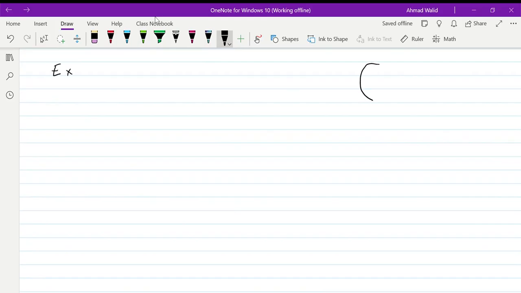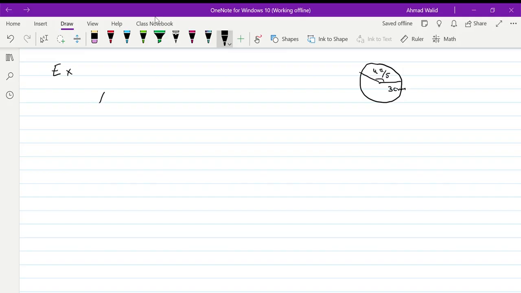You have a circle that the radius is 3 centimeter, correct? And your theta is 4 pi over 5, correct? Something like this, 4 pi over 5. That's your theta. They are asking you to calculate the area of the sector.